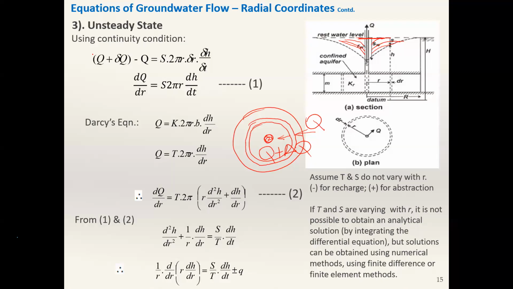So the net flow rate difference is equal to Q plus delta Q minus Q. So that should be equal. How do we write it? What is the aquifer property that we use? We use this capital S. Can someone tell me what is the capital S?